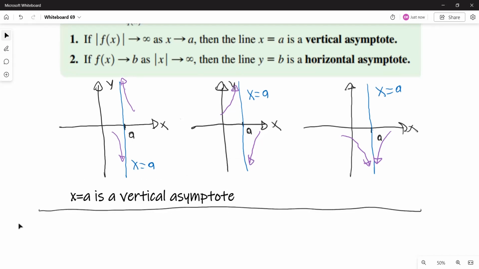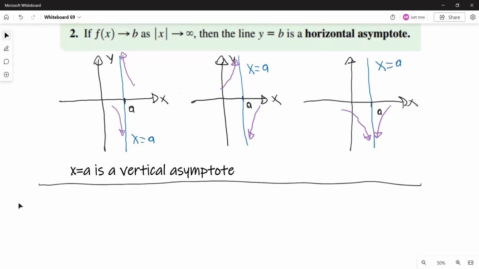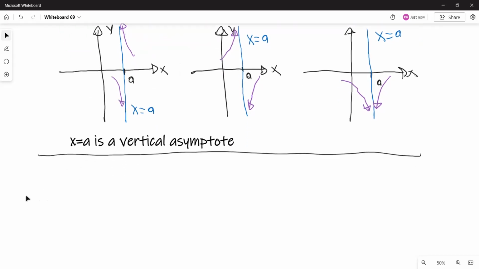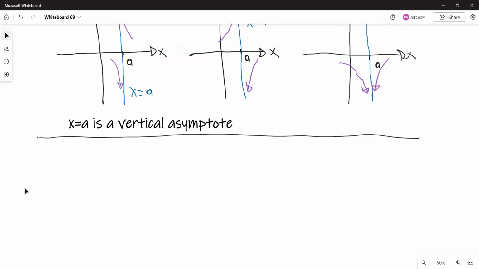In a horizontal asymptote, as x approaches negative infinity or infinity, the line y equals B is a horizontal asymptote. The graph of a function is never going to cross a vertical asymptote, but it may cross a horizontal asymptote.